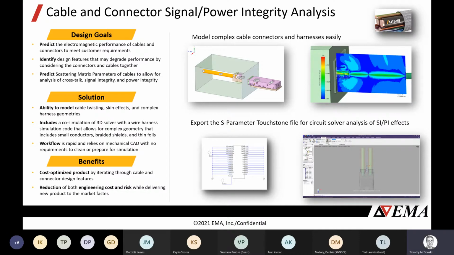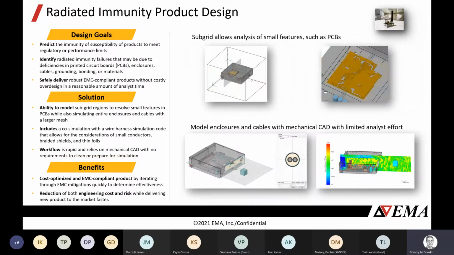In cases where it does make sense to use the transmission line, we can greatly reduce our simulation time. And again, there's a little bit less man effort in preparing for simulation. We can import the CAD for the connectors. We can quickly specify the cross-section of the cables and determine our performance specifications.